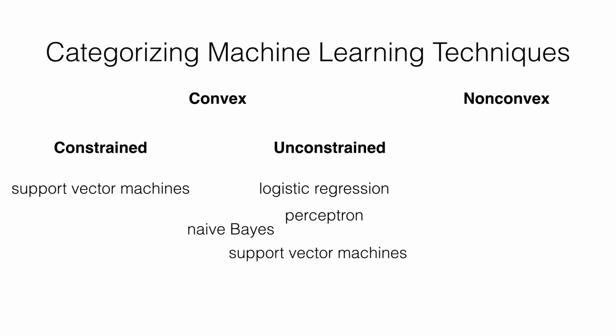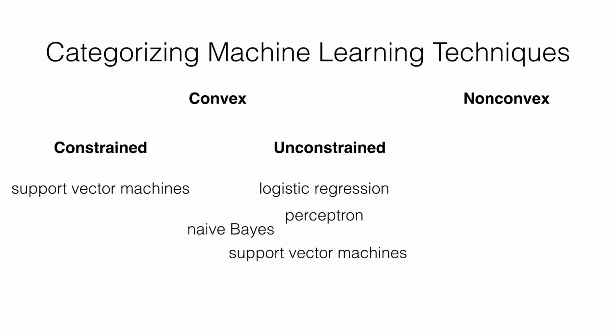And also support vector machines show up again as unconstrained methods, because you can think of the optimization in multiple ways. You can think of it as a hard constrained search or a soft constrained search, in which case it's unconstrained. And we'll get into that when we get to the support vector machine material.